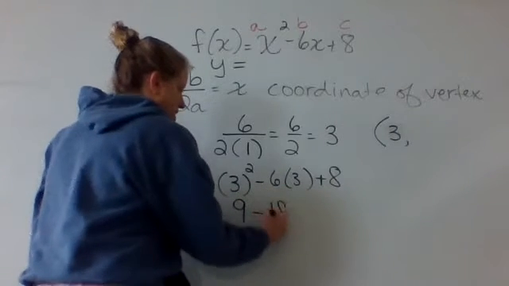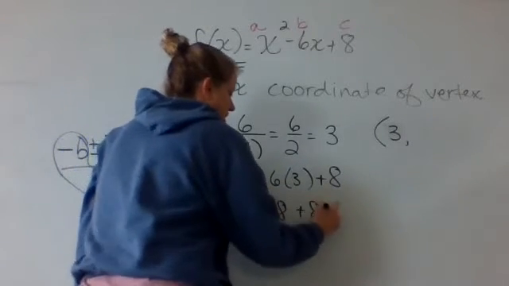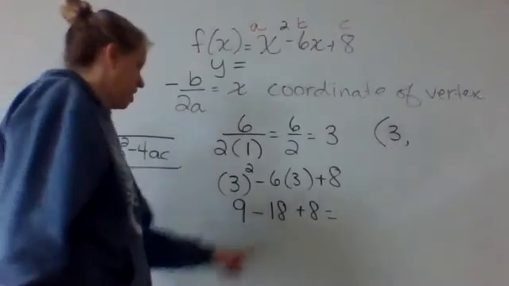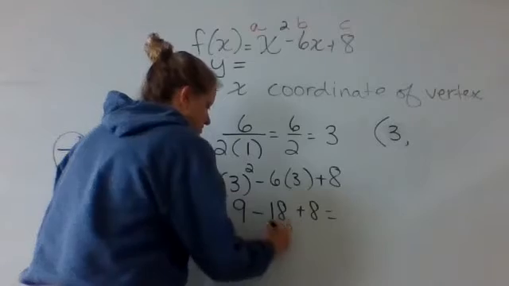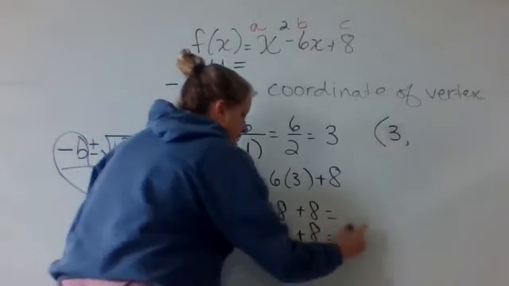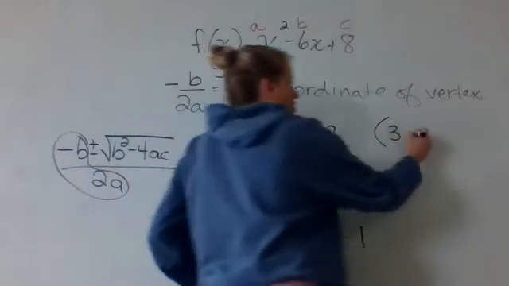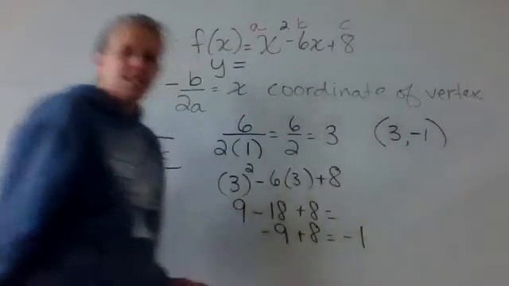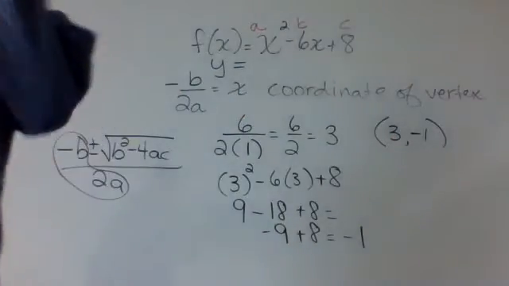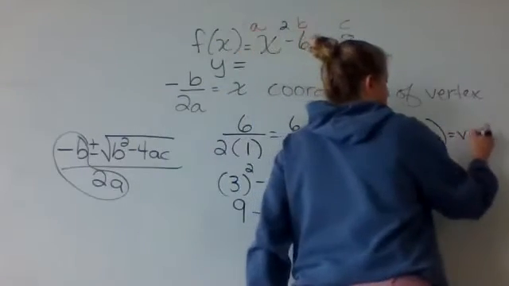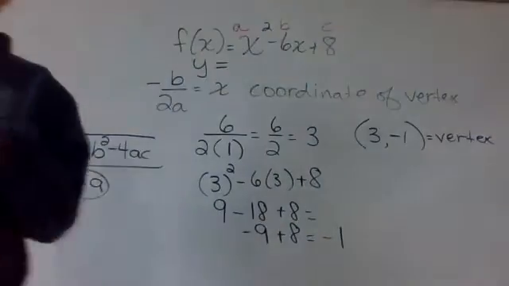Minus 6 times 3 is 18, plus 8. So let's see, 9 minus 18 gives me -9. Bring down the plus 8, which gives me -1, which tells me the y coordinate of the vertex is -1. So that's the answer to the first question. That's your vertex, which again tells you all the information that you need for the other parts of the question.